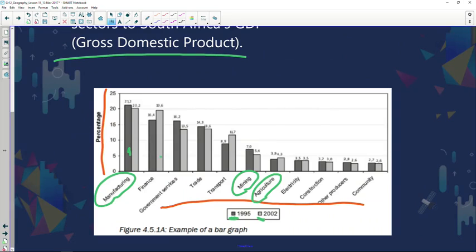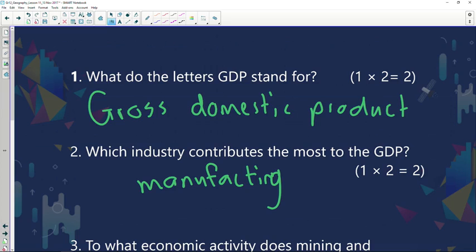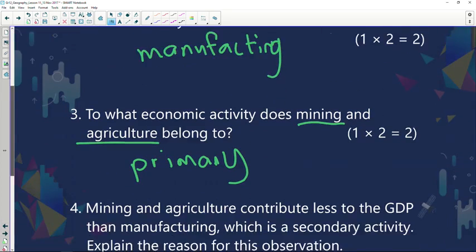We export it. So we actually sell it for less. We sell the products when they're manufactured for more. And with agriculture, same thing. What we do with the agricultural products is we export it and we do not process most of it. And that's the reason why secondary activities contribute more to the GDP.